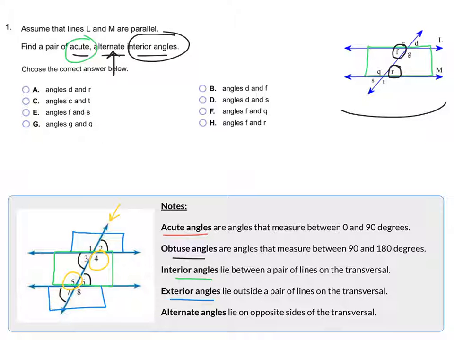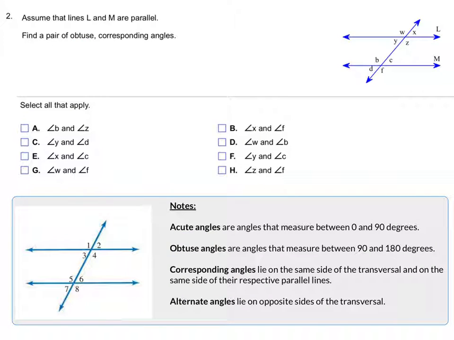In other words, the angles should lie on opposite sides of this diagonal line. F and R do lie on opposite sides, so they are alternate. So our answer for a pair of acute alternate interior angles is H, F and R.